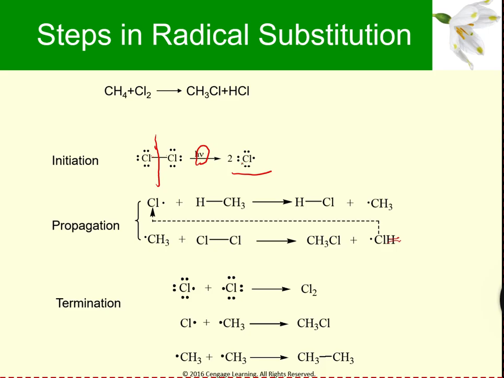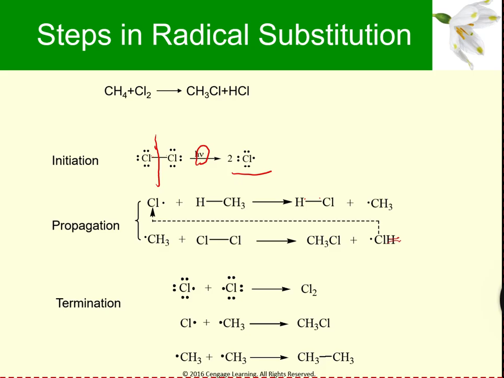Because this chlorine radical is highly energetic, it will react with methane. Methane is a relatively stable organic molecule. However, you have two electrons here and here. It will abstract one electron to make a pair and becomes HCl. And the result is the generation of another radical, a CH3 radical.